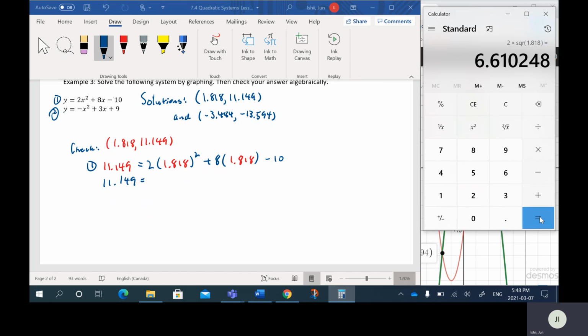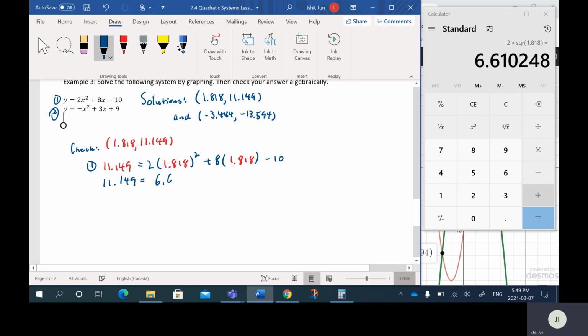Let's see if I can do all this at once. Now I'm going to add 8 times 1.818 minus 10. Okay, so I'm going to have to break this down in pieces. This calculator won't allow me to do it all at once. All right, so anyways, 2 times 1.818 squared equals 6.610.